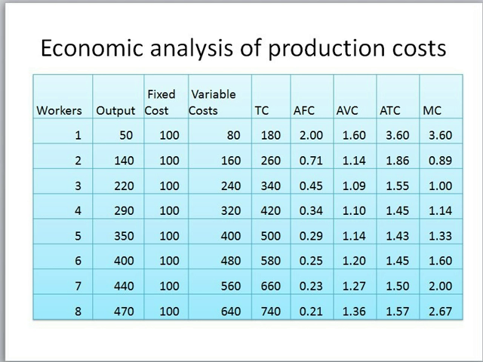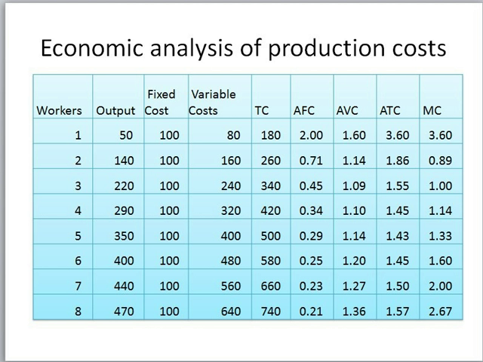And if we add the fixed cost and the variable cost, we obtain the total cost. So the summation of these two previous columns yields the total cost, short name TC. We start with 100 plus 80 is 180, 100 and 160 is 260, and so on.